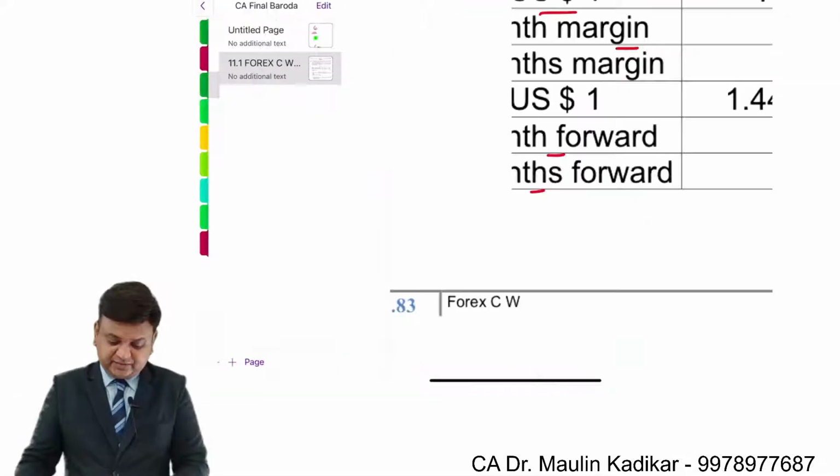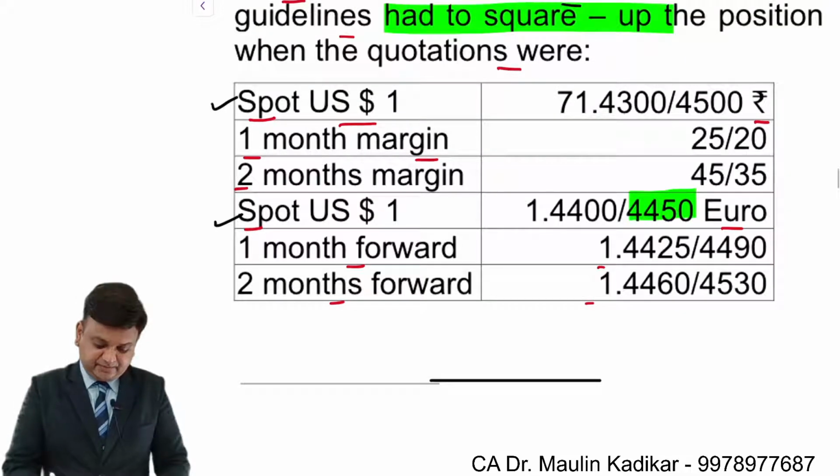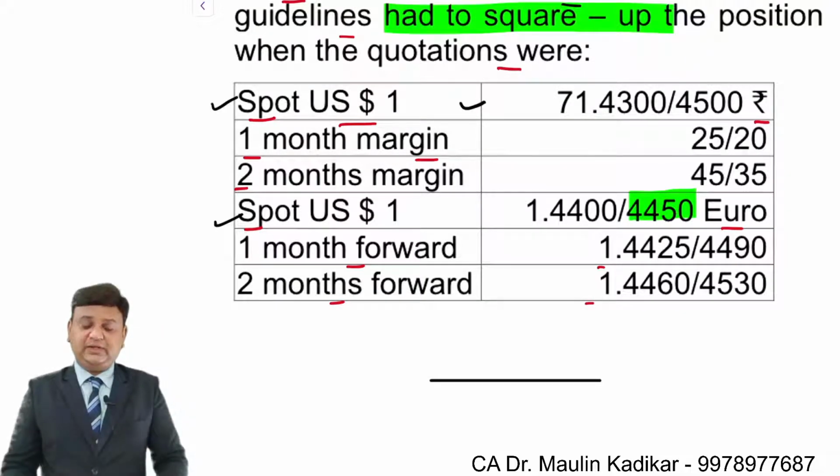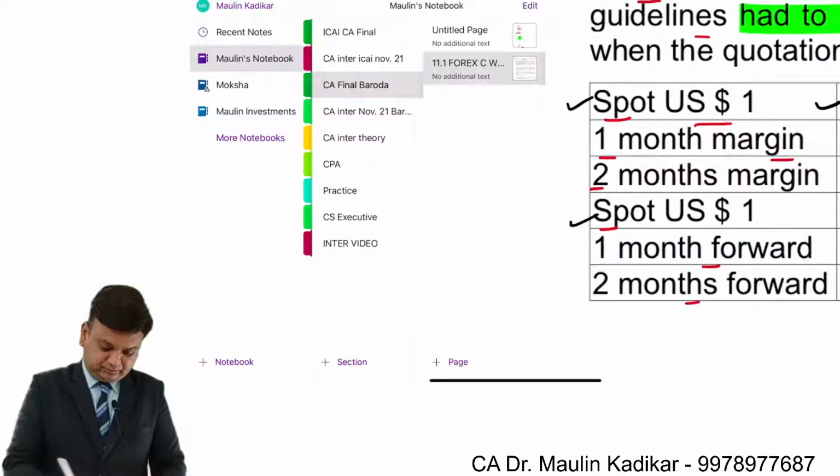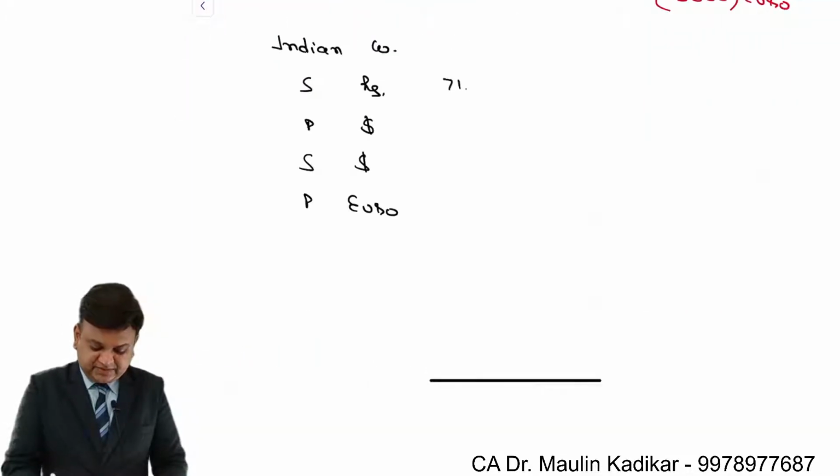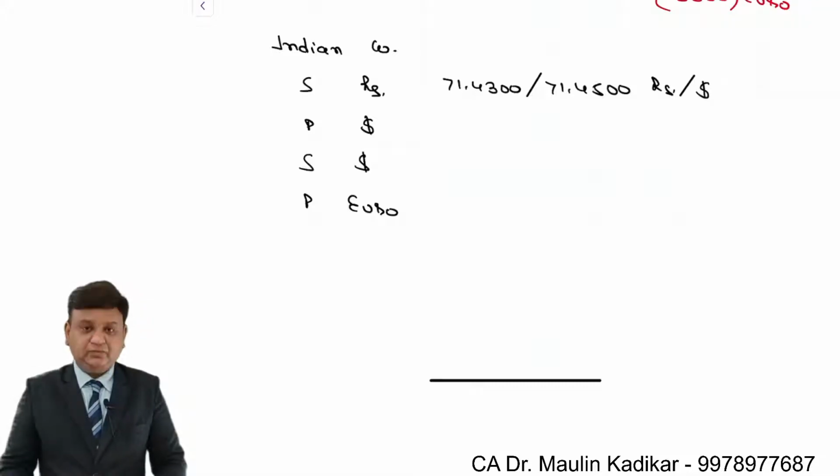We have been provided with the spot exchange rate as 71.43 / 71.45 rupees per dollar. Sale of rupees and purchase of dollar. This is the exchange rate which is applicable to buy a dollar.